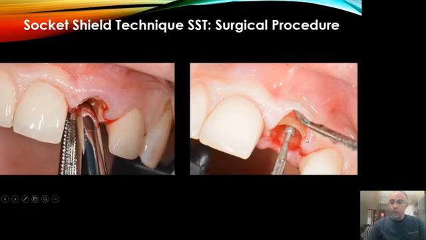And we spend some time shaving the shield, with some criteria that I'm going to discuss later on, just to make sure that we have good prosthetic space for the crown in the future.